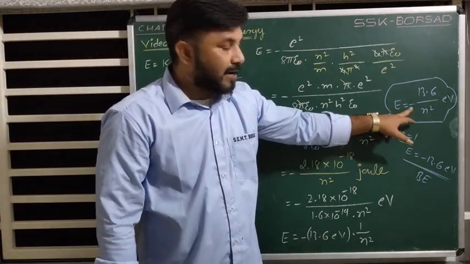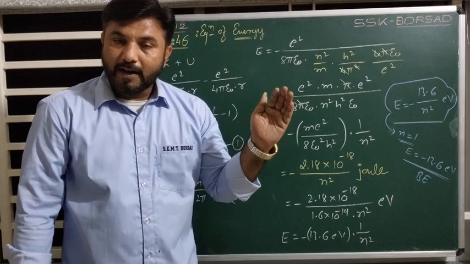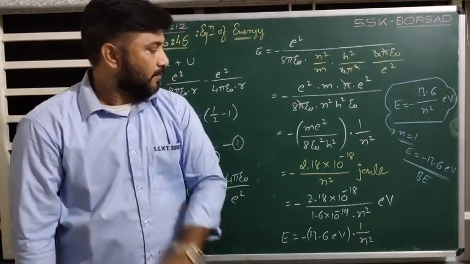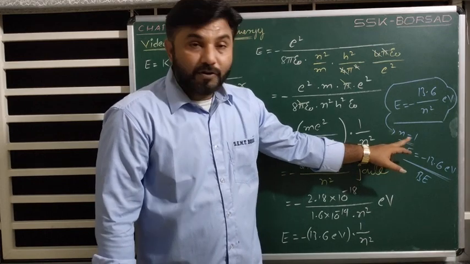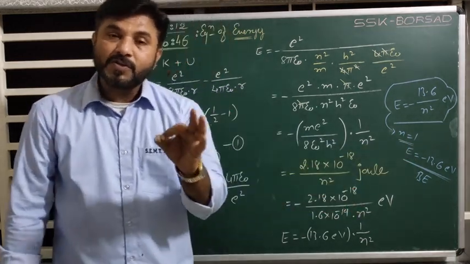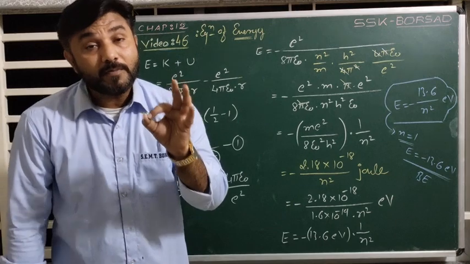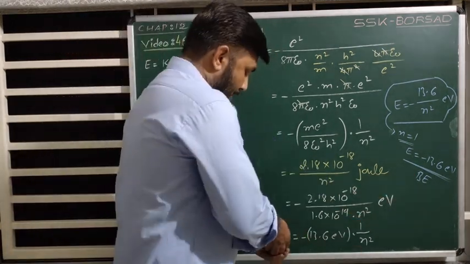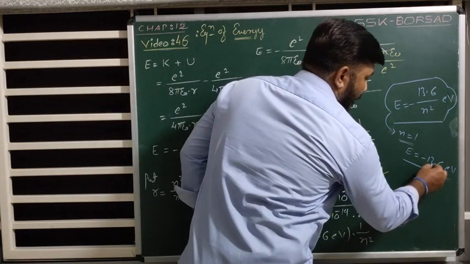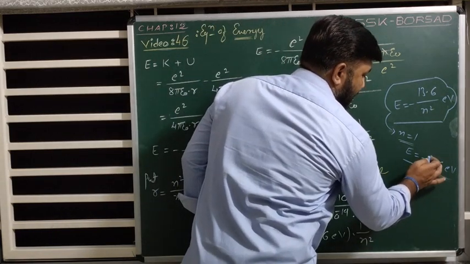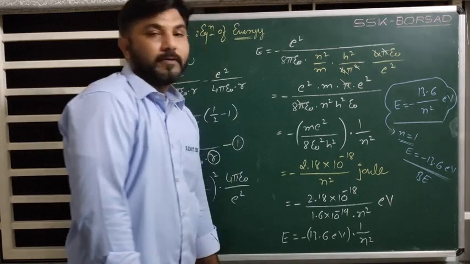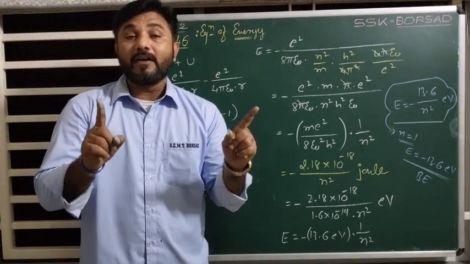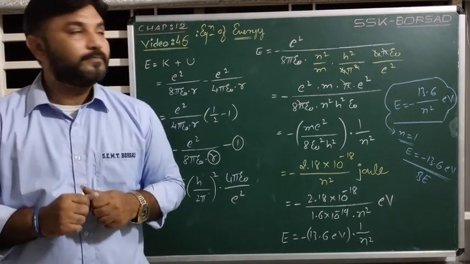So due to that negative sign, the electron is bound to the nucleus. For n is equal to 1, the electron in the innermost orbit has energy E equal to minus 13.6 electron volt, which is known as the binding energy of a hydrogen atom.